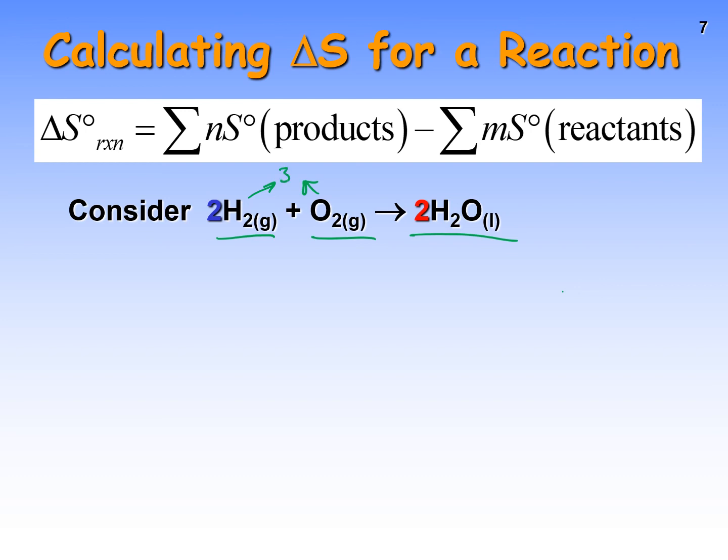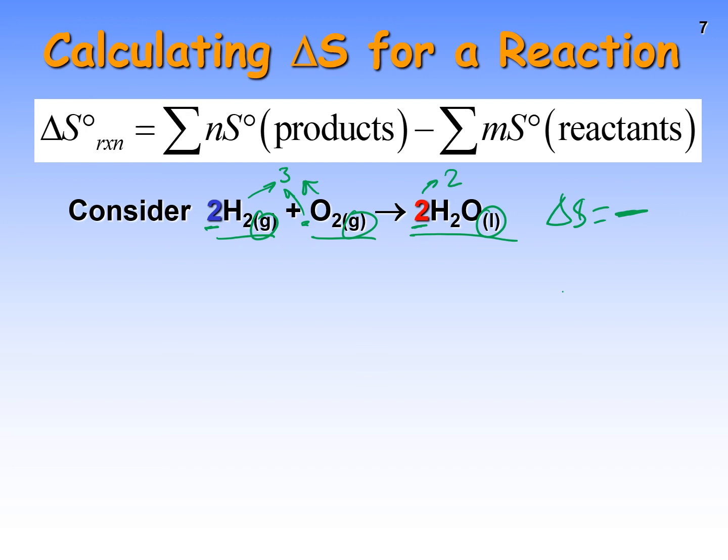I have 3 reactants on the left, because 2 plus 1 gives me 3, and 2 products on the right. Not to mention that we're going from gases to a liquid. So before I even calculate, delta S is going to be a negative value.